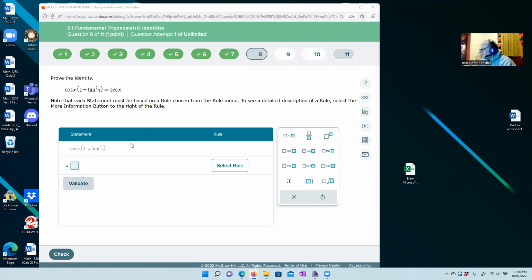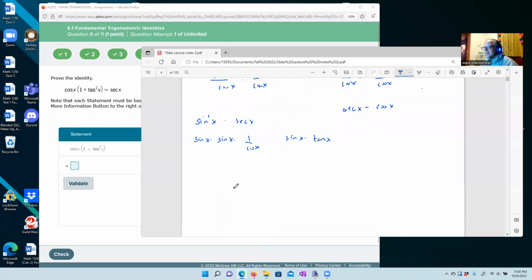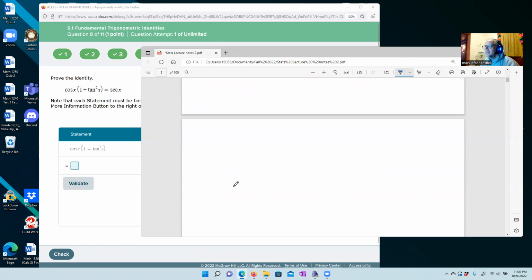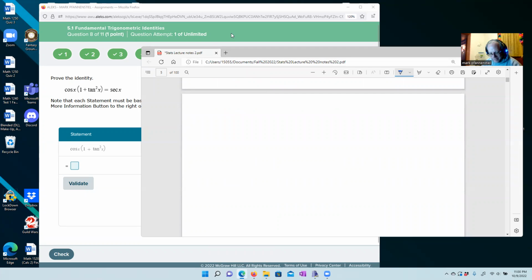Okay, so how do I want to think about doing this? Let's go ahead and pull this thing up. Okay, so I've got cosine x, sine x. We've got 1 plus tangent squared x is equal to secant x.